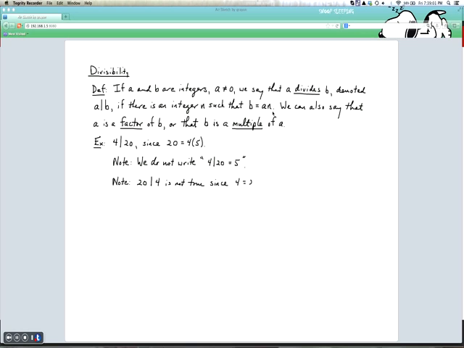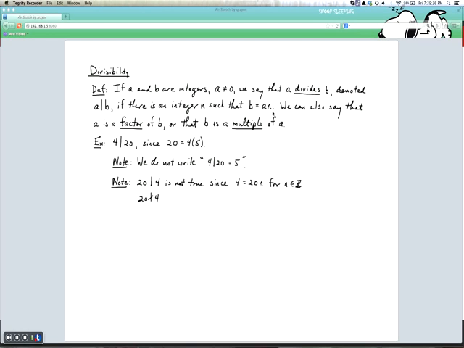Since I can't take the 4 and express it as 20 times n for an integer n. Okay? We can say something like this. We can say 20 does not divide 4. That's the kind of universal doesn't work sign, right? Put a mark through it. Not equal to, put a mark through it. Not an element of, put a mark through it, and so forth, right?